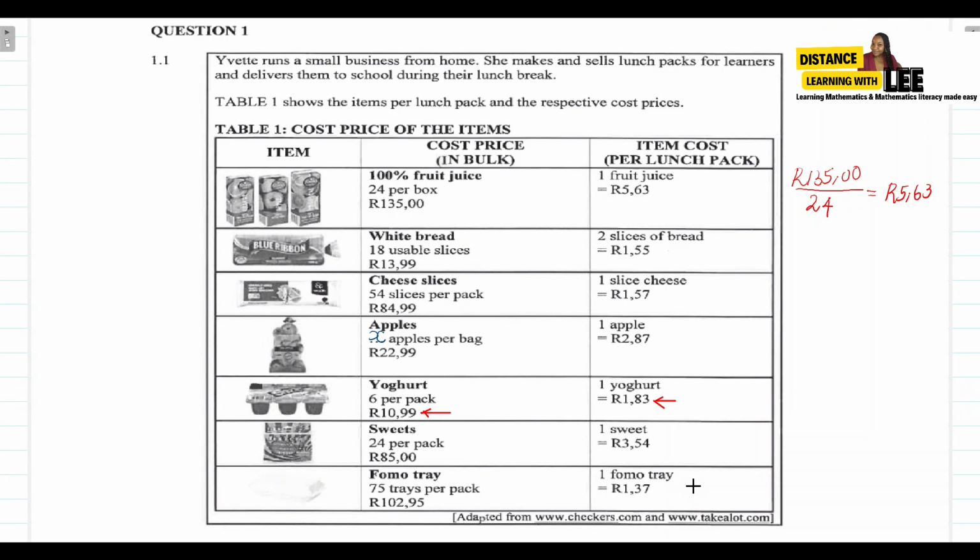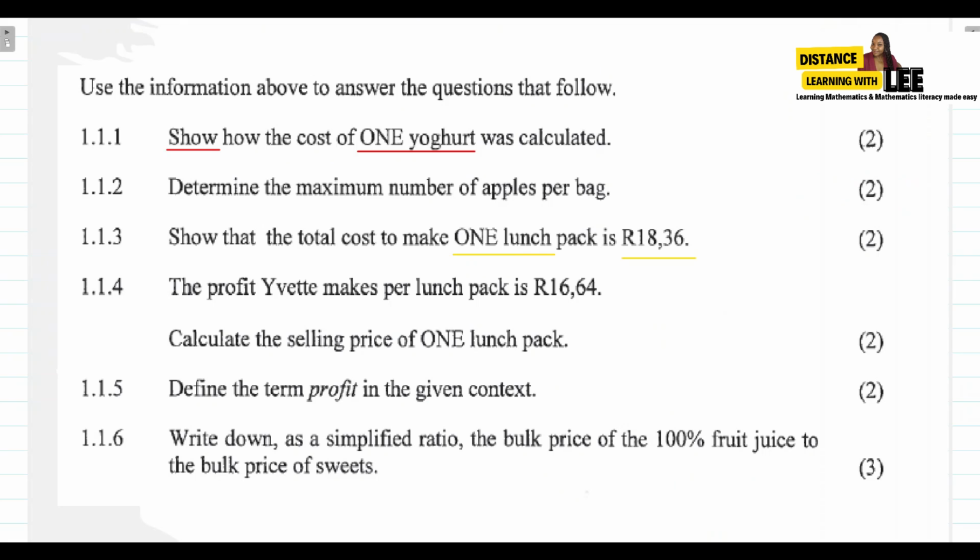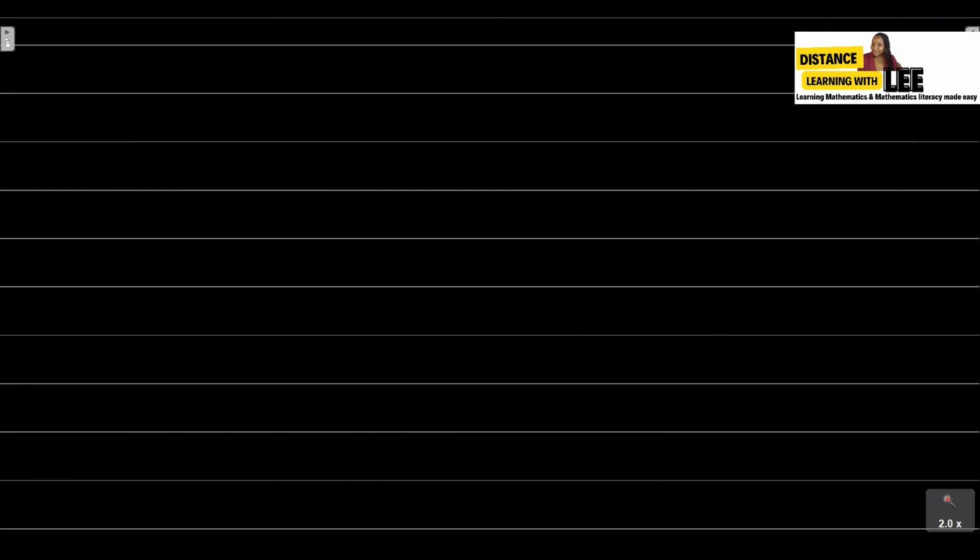She packages everything in 1 formal tray. So if you add up all the costs of these items, how much does it cost to make 1 lunch pack? That is what we're going to do: add up all these prices to get the cost of making 1 lunch pack.